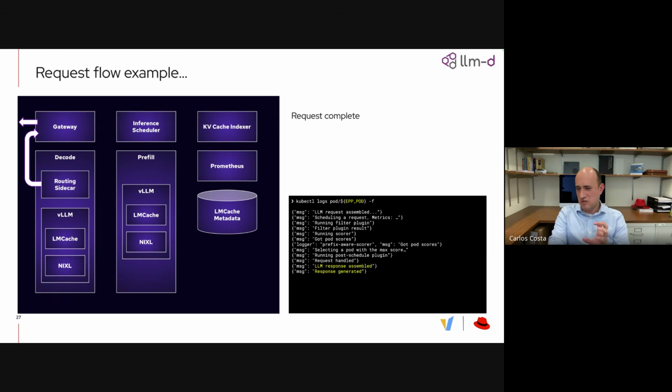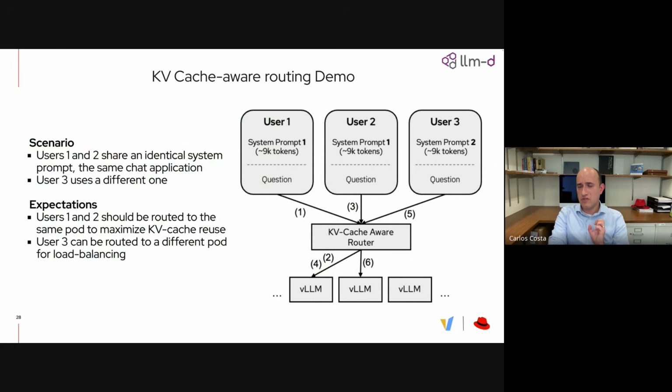Because I want to show some numbers for just the routing piece alone, I'll show a demo of KV cache aware routing, okay, in isolation. So in this scenario, we have 3 users, okay. User 1 and 2 will come with an identical system prompt but different user prompts, and user 3 has a completely different one, right?